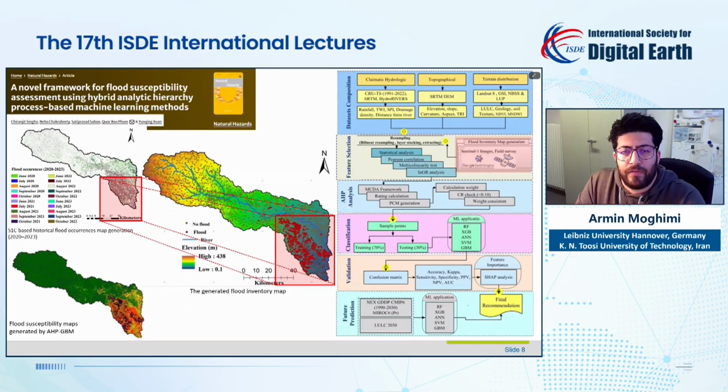These points, combined with hydrological and topographic factors, were used to train several machine learning models, including random forest, gradient boosting machines, support vector machine, and artificial neural networks, with the analytical hierarchy process, AHP, for weighting.